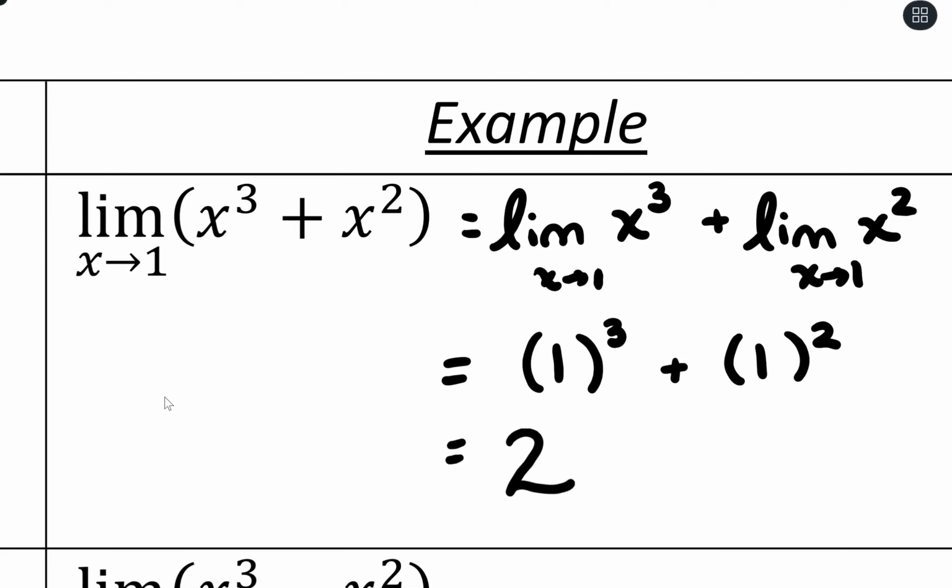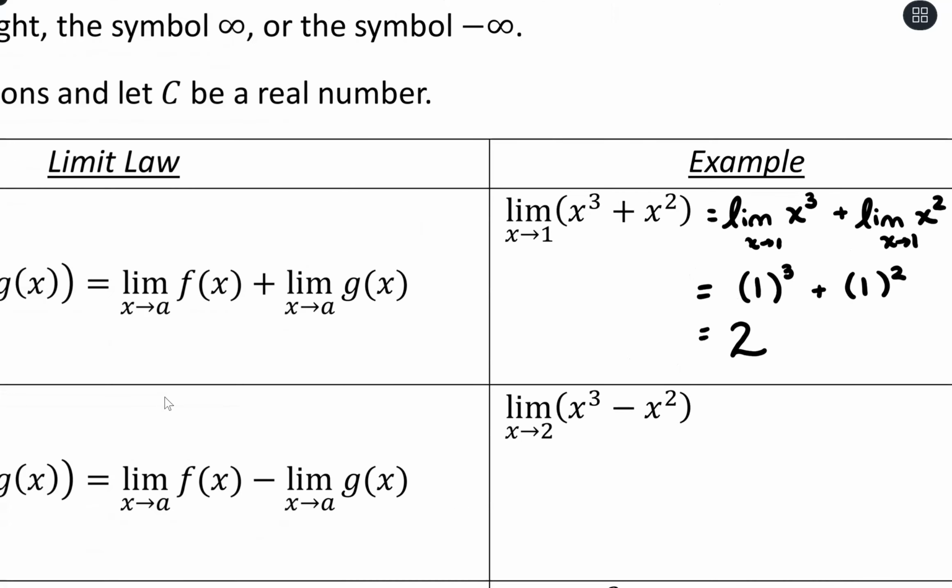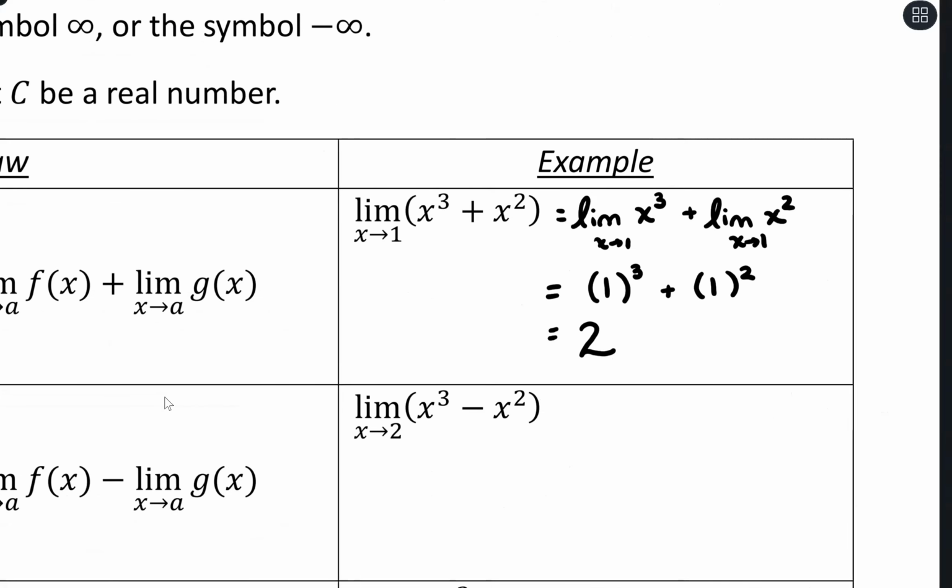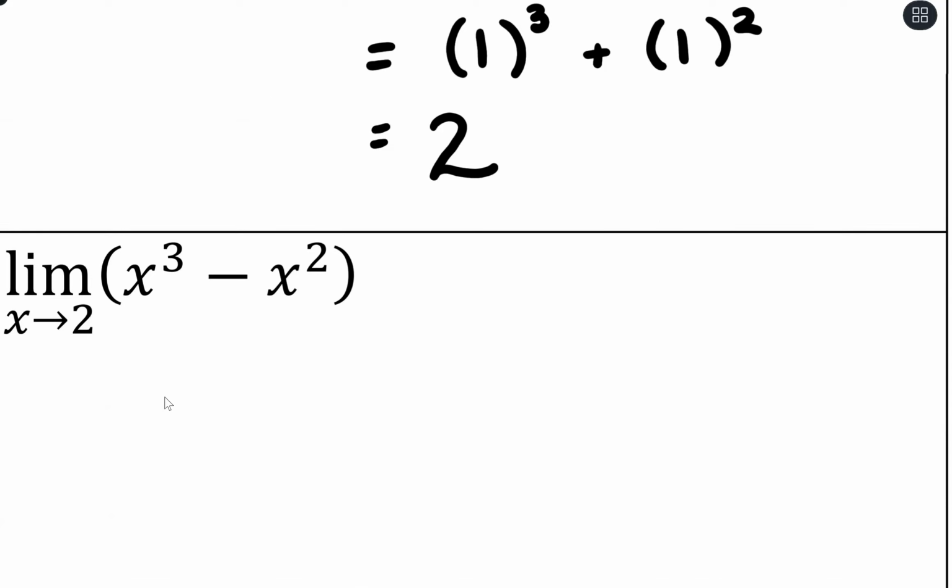So this limit law lets us break up the addition and evaluate the functions individually. But then, kind of going over that piece, it's really coming down to plugging in 1 into our function, knowing that if individually our limit's going to exist everywhere, then it's going to exist everywhere for that addition of 2 functions. Okay, same thing is true for subtraction.